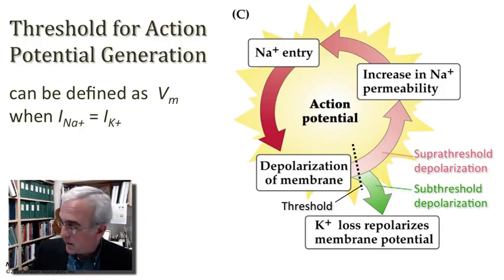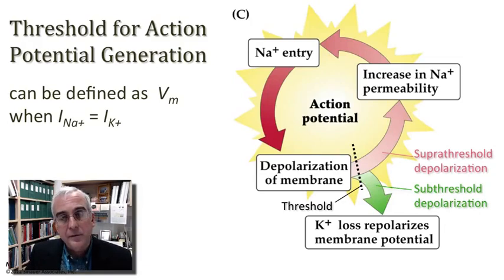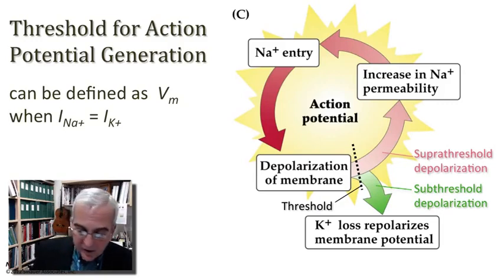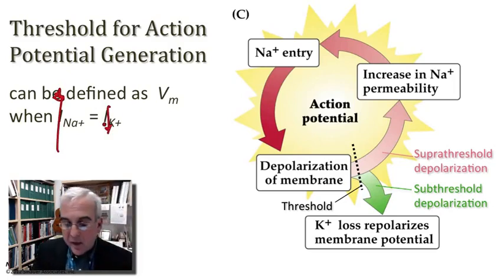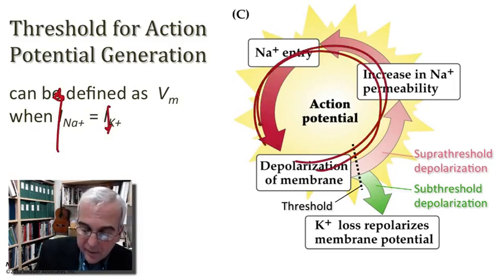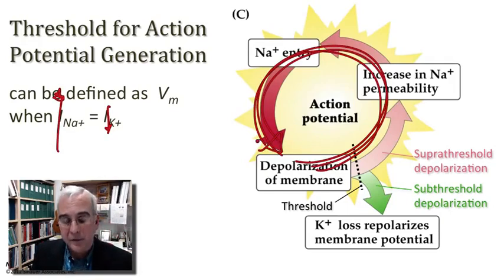Now, because the sodium conductance opens so much more quickly than the potassium conductance, depolarizations of a sufficient magnitude are certain to trigger an action potential, because we know that it's possible for so much more sodium to enter the cell than potassium leaving the cell that we're driving this cycle past threshold and generating the rising phase of the action potential.